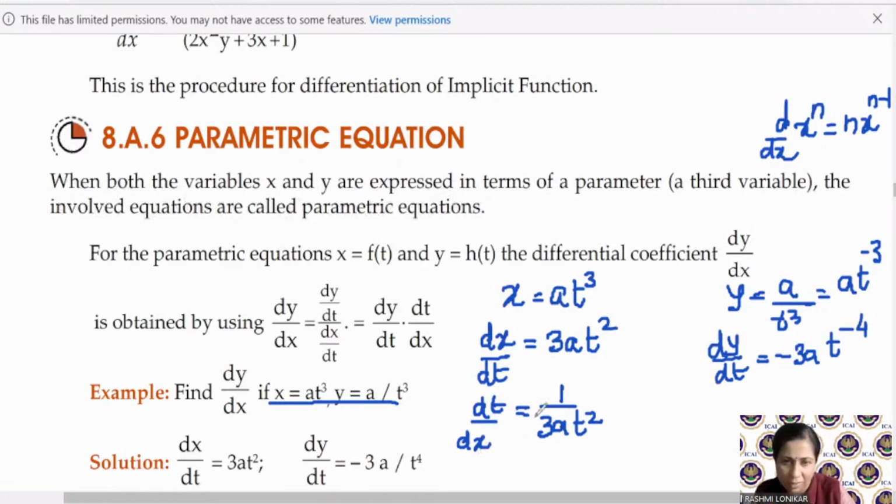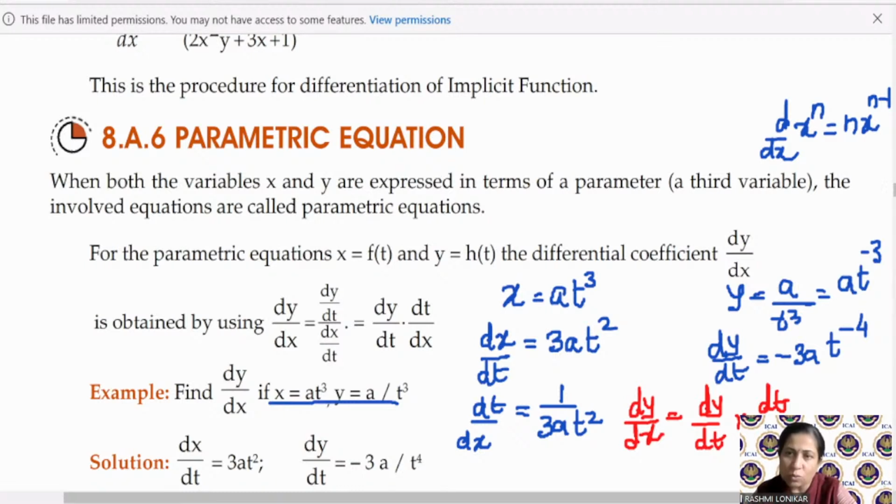I have dt by dx is equal to 1 upon 3a t square. So I have dy by dx is equal to dy by dt into dt by dx. I can cancel this dt by dt and get dy by dx.